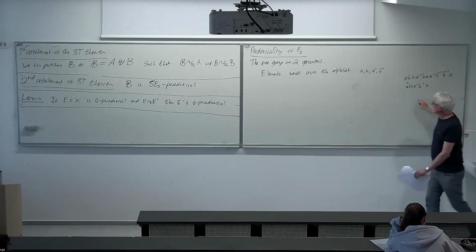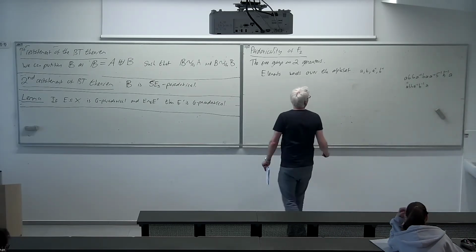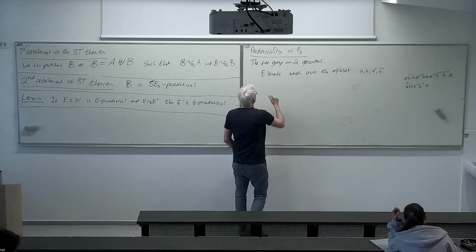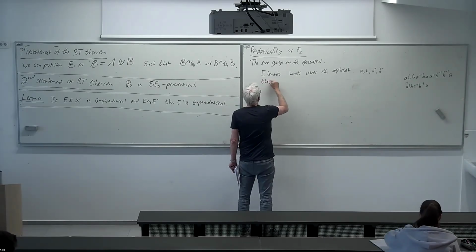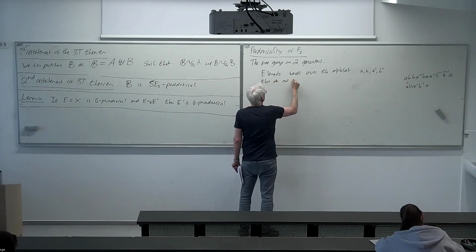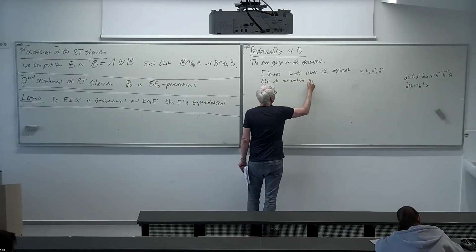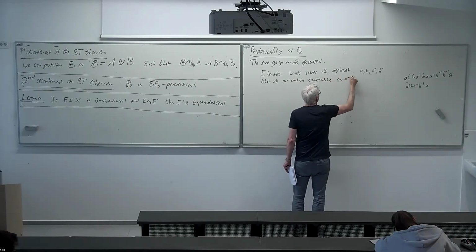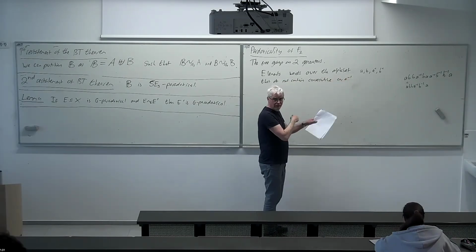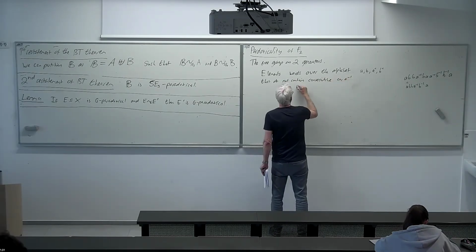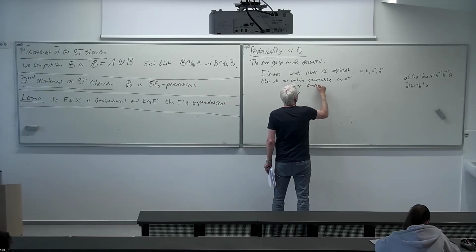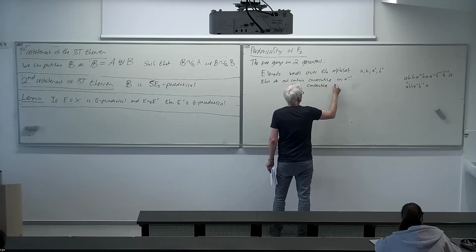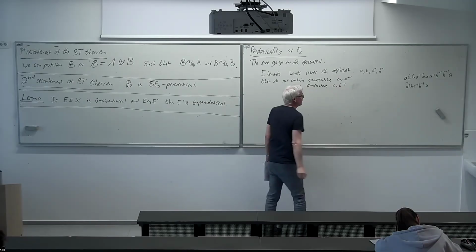Okay, so it's words over the alphabet a, b, a to the -1, b to the -1 that do not contain consecutive, that means next to each other, a and a to the -1 in either order, or consecutive b and b to the -1.